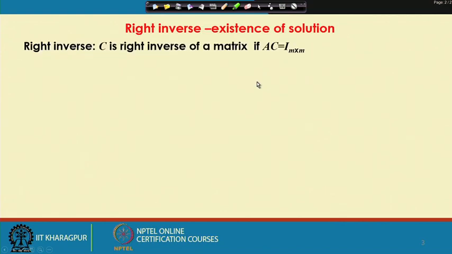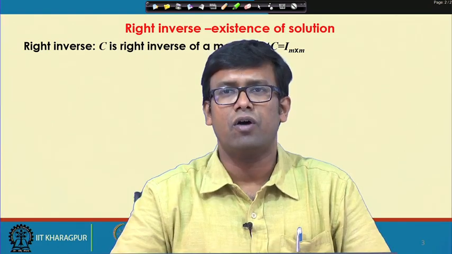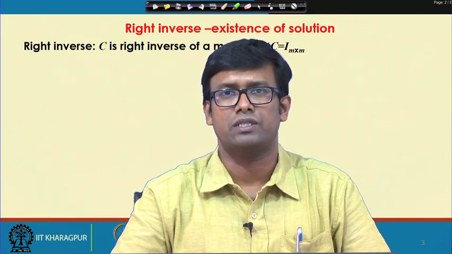Now, we come to an important definition, which is right inverse. These definitions, right inverse and left inverse, are typically for rectangular matrices. In the case of rectangular matrices, the inverse of the matrix really does not exist.